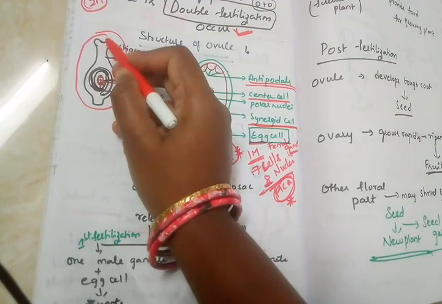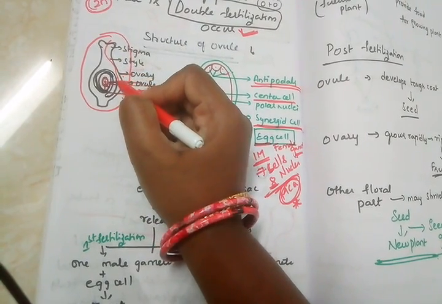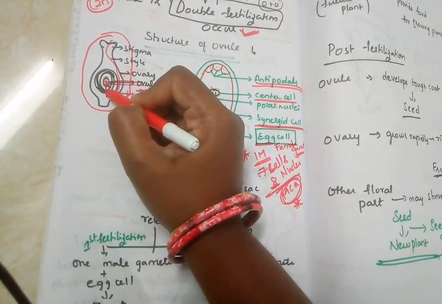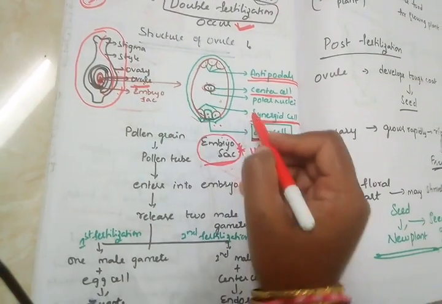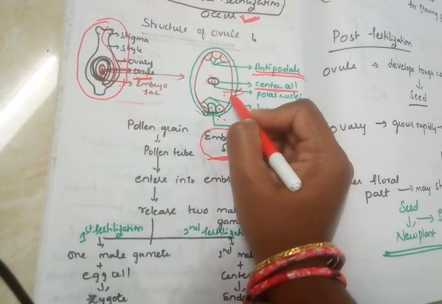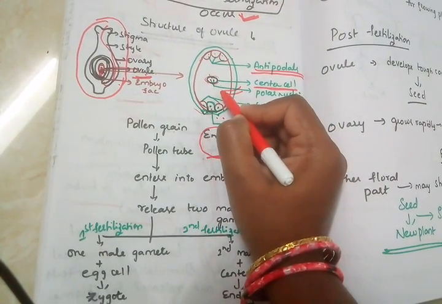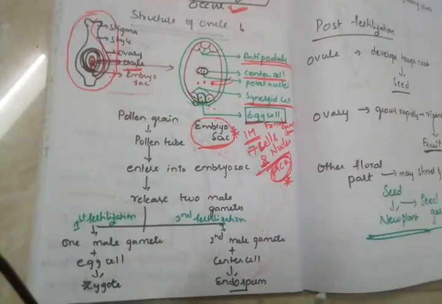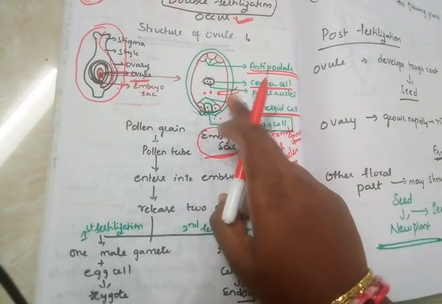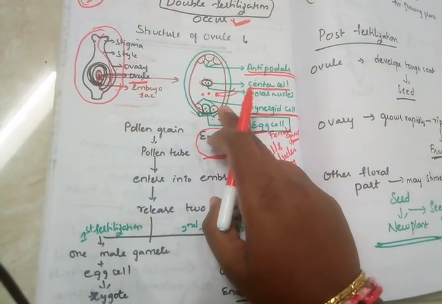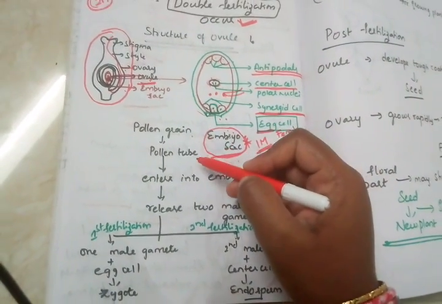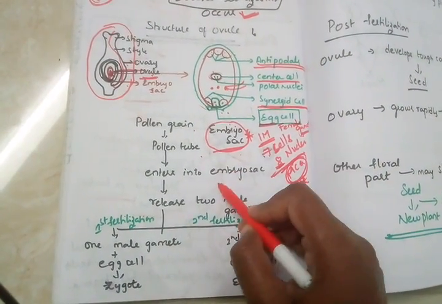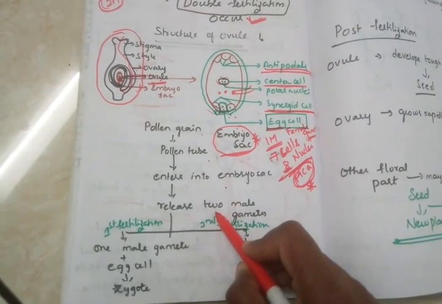From here the pollen tube comes, passes through all these layers and enters the embryo sac, ruptures at the end and releases 2 male gametes. Now the male gametes are in the embryo sac. We have to remember this: the pollen grain forms a pollen tube, enters the embryo sac and releases the 2 male gametes.